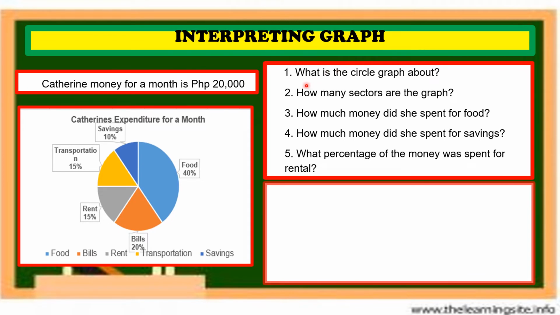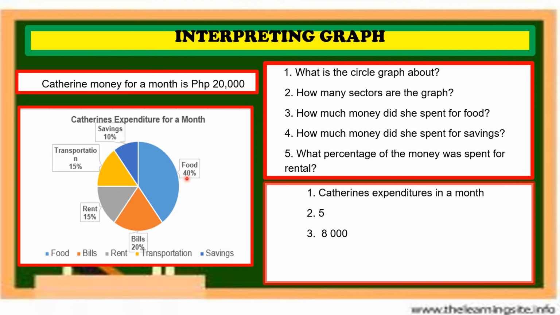Interpreting graph. What is the circle graph about? The circle graph is about Catherine's expenditures for a month. Number 2, how many sectors are in the graph? There are 5 sectors in the graph. How much money did she spend for food? 20,000 times 40%.